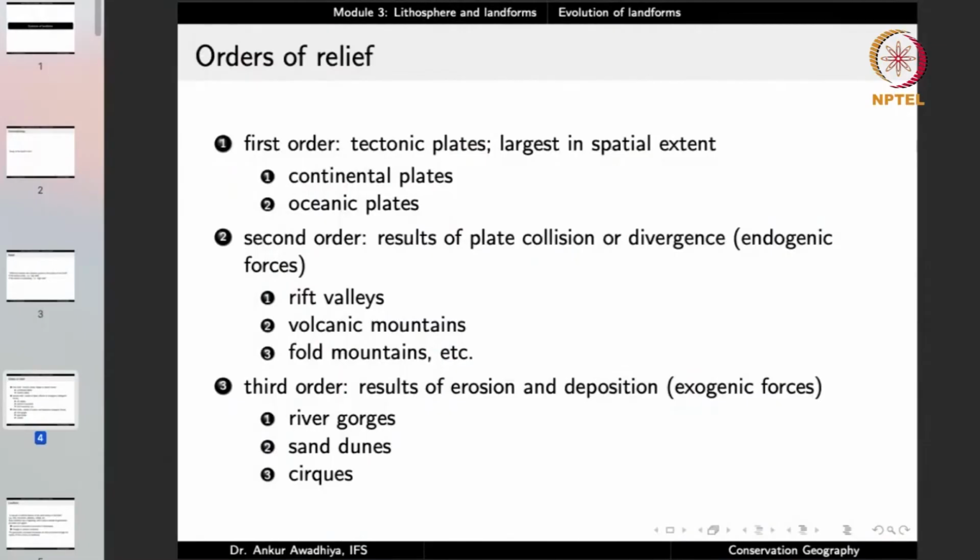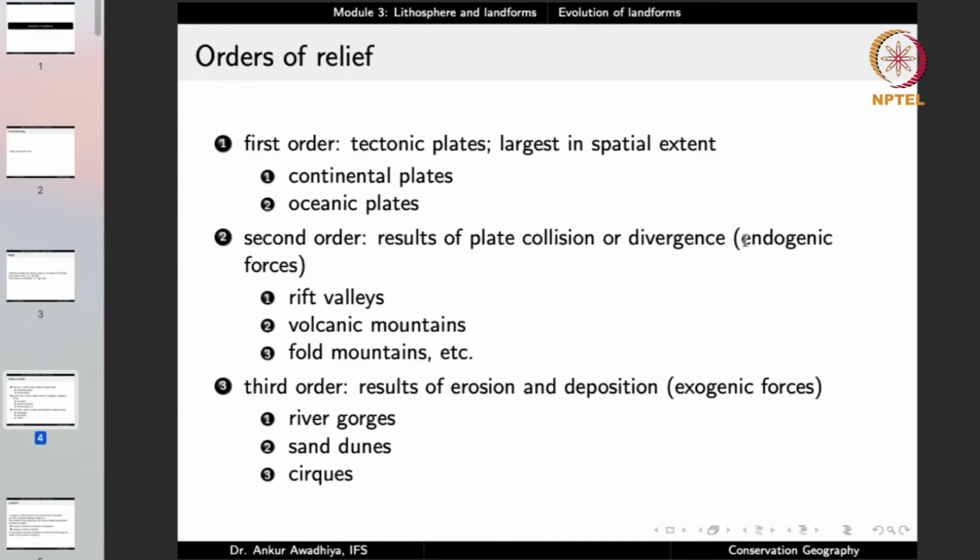Because the endogenic forces have resulted in a differential elevation between two points, the relief is known as the second order relief. And on a much more local scale, we have the third order relief, which is the result of erosion and deposition because of exogenic forces. In the third order relief, we talk about things like river gorges, sand dunes, or cirques.